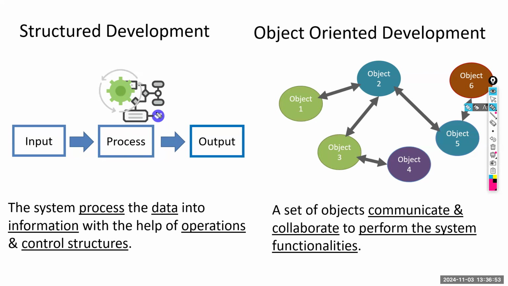But at a high level, we think in terms of object-oriented concepts. But when you're really developing it, you still need to apply operators, we need to use control structures, and so on. So this is a slightly different but supplementary approach.